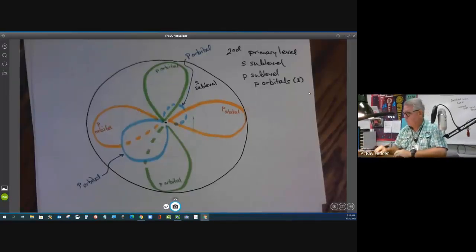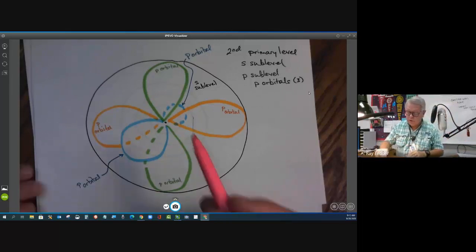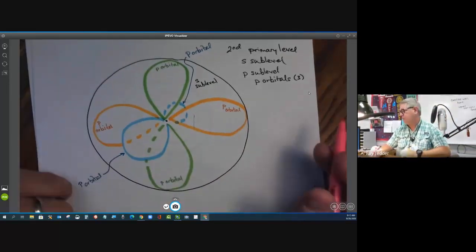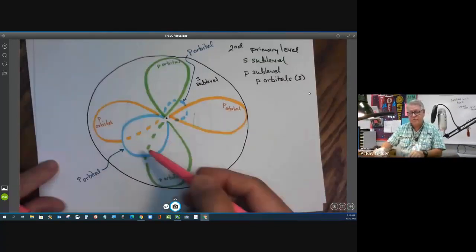So if you remember when we were talking about this, I'll see if I can find a different color to illustrate this for you. Remember that first s orbital is right in here. I don't know if I want to draw that or not. It might make it too complex. That first s orbital is inside of this.